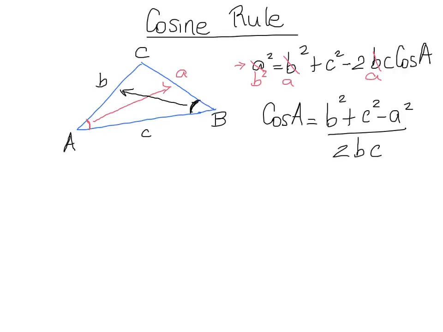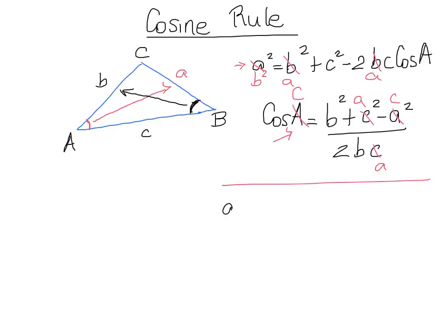In the same way, let's say you were looking for angle C. Everywhere that you would see A, you would just put C, and everywhere that you see C, you would just put A. If that looks a little bit confusing, don't worry about it. Just use the formulas as given.